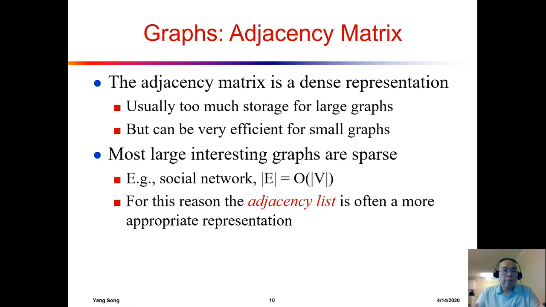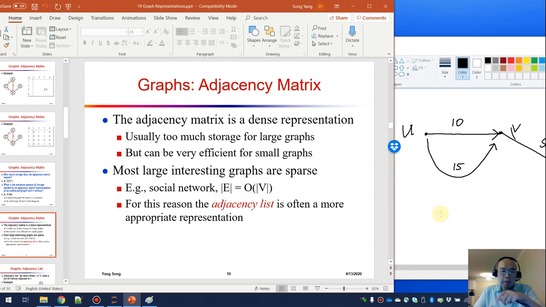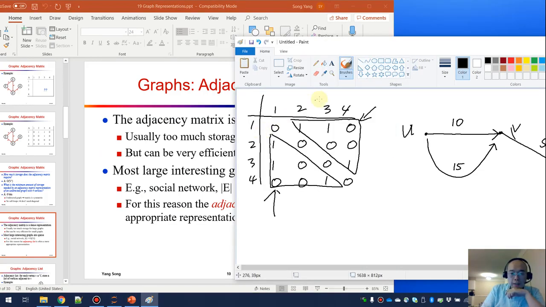If there are millions of people, and each person only connects to, say, 200 people, that is a big number. In this case, the size of E is 200 times the size of V, right?